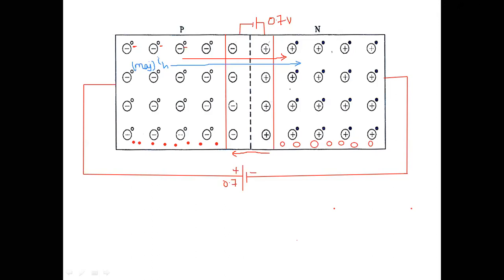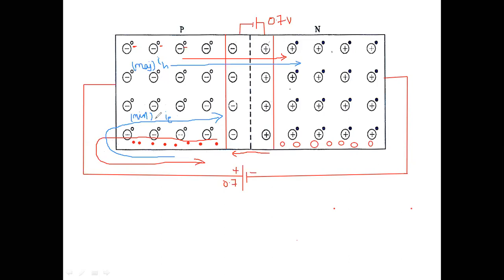Electrons will move towards the positive terminal of the battery. When electrons move like this, what will be the direction of current due to electrons? Opposite to the flow of electrons. This is the direction of current due to electrons. I call this current IE. This current is due to minority charge carriers. Keep in mind that.